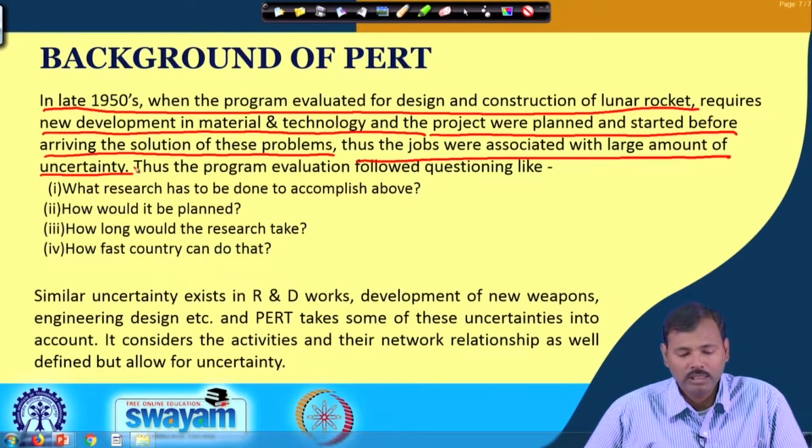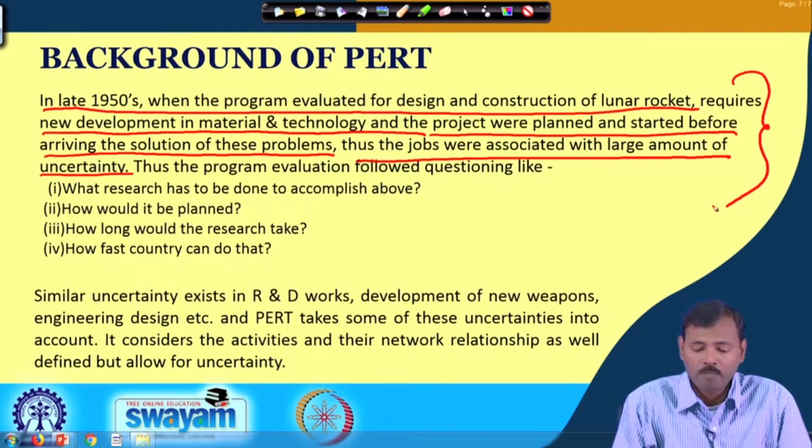That means, in that ballistic missile, different materials and technologies were used. The detailed know-how was not known, and n number of researches were associated with those developments. That is why it was totally uncertain. In fact, no one knew whether the research would finally come to its result or not.